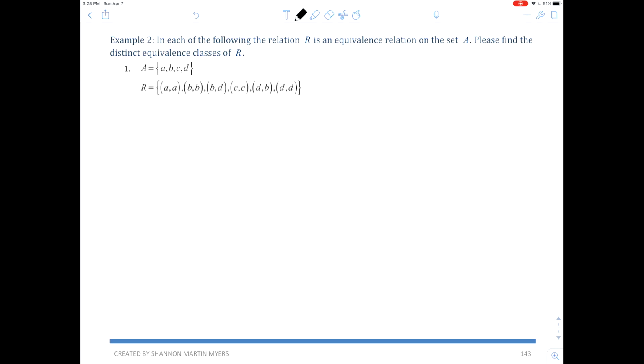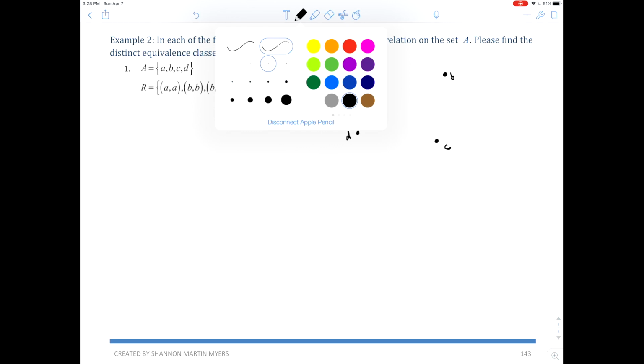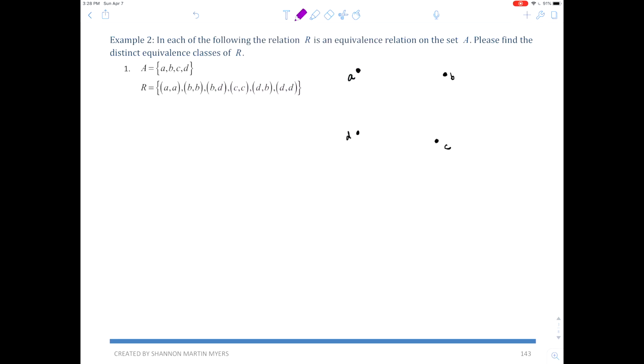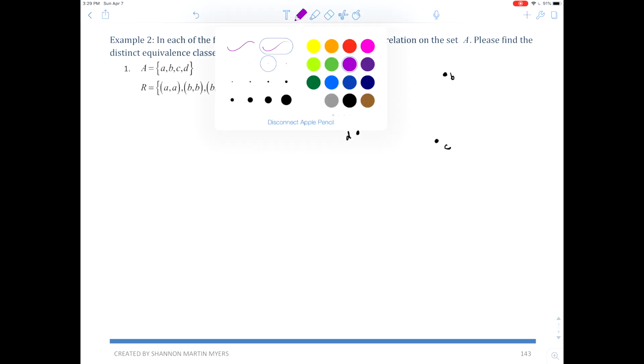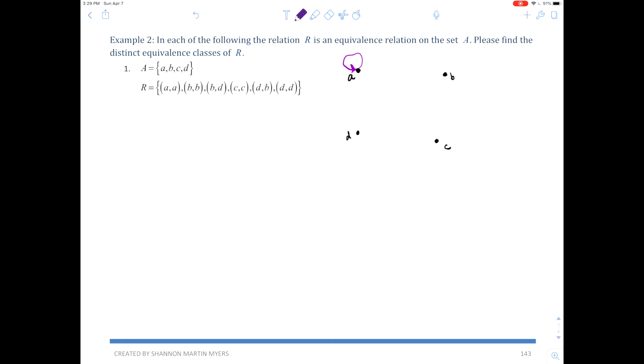Our directed graph. So we have A, B, C, D. All right, so let's see what it looks like here. For A, and all this was given in the relation, A maps to itself, and that's it. And then B maps to itself.